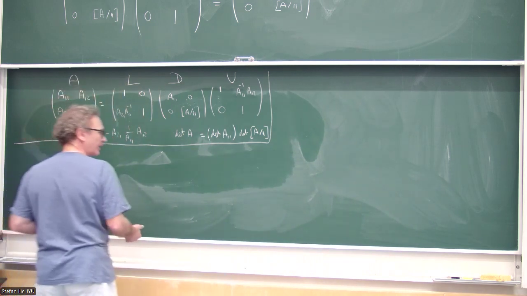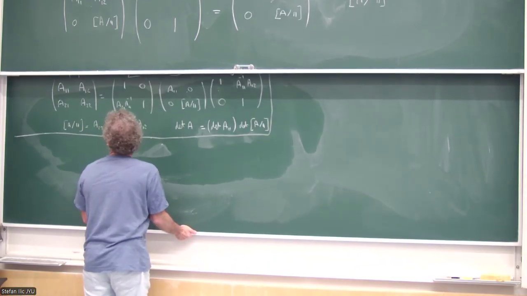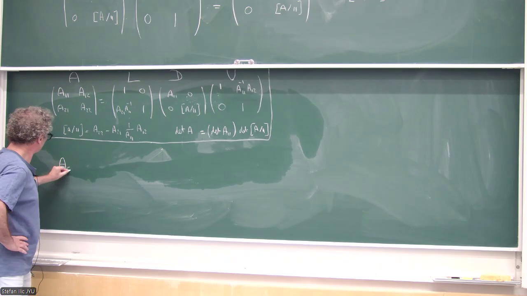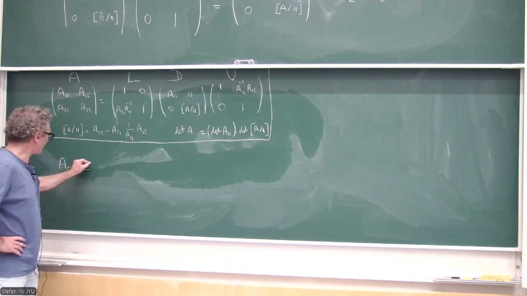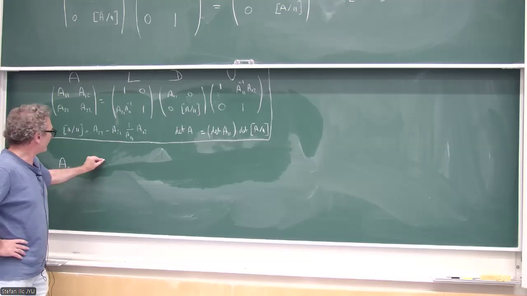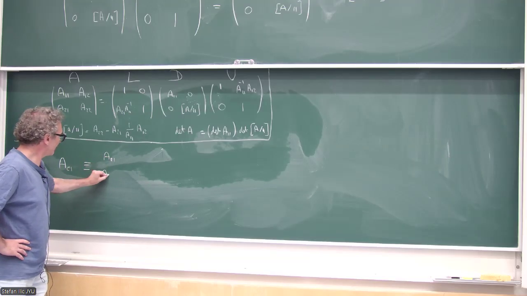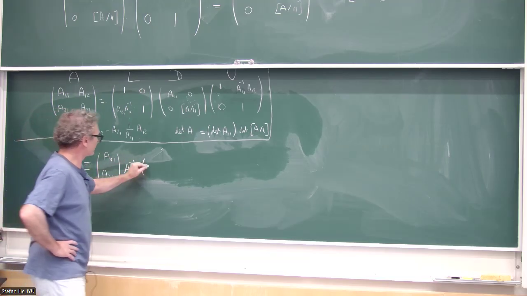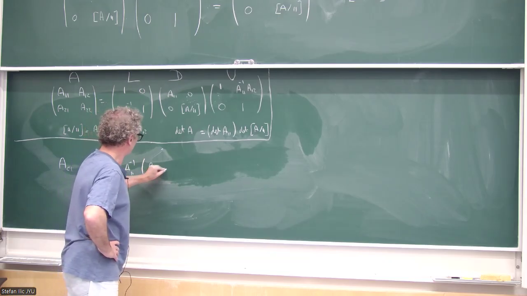Okay, so now I can define what is cross interpolation. Well, I had it before, so it's redefined now as A21, A11 inverse, A12.